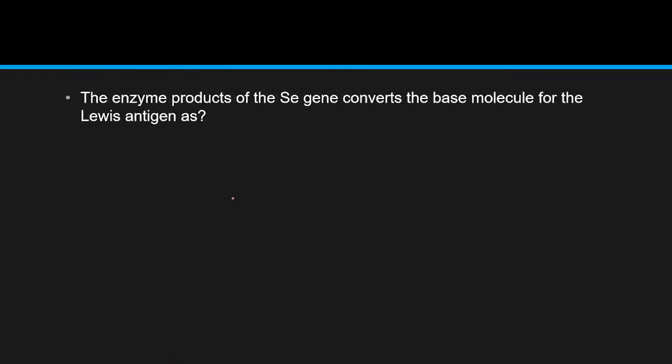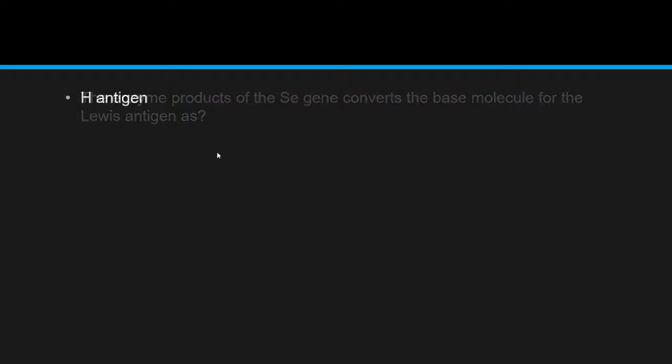All right. Now, the enzymatic product of the Se gene converts the base molecule into the H antigen for the Lewis antigen. Really, sir? Why? I thought H antigen gives the person type O blood group.